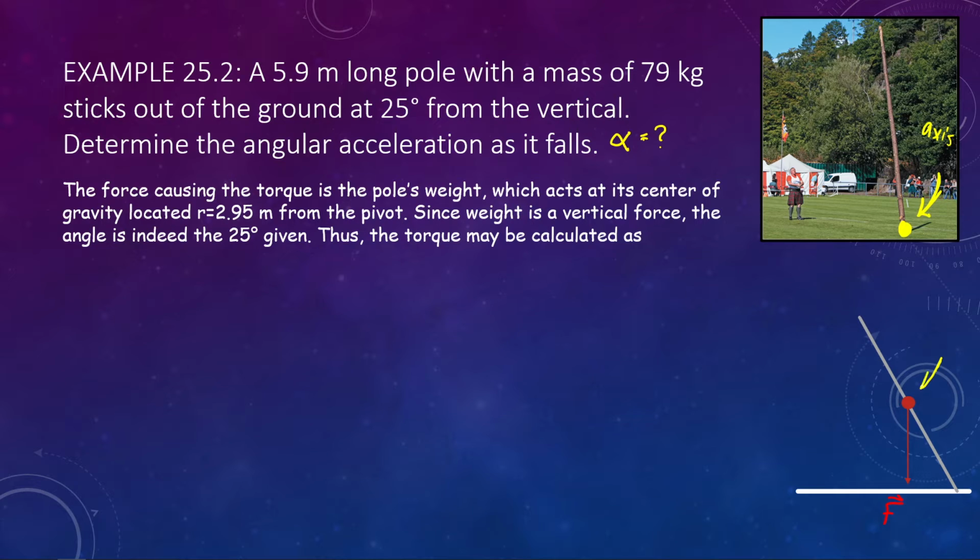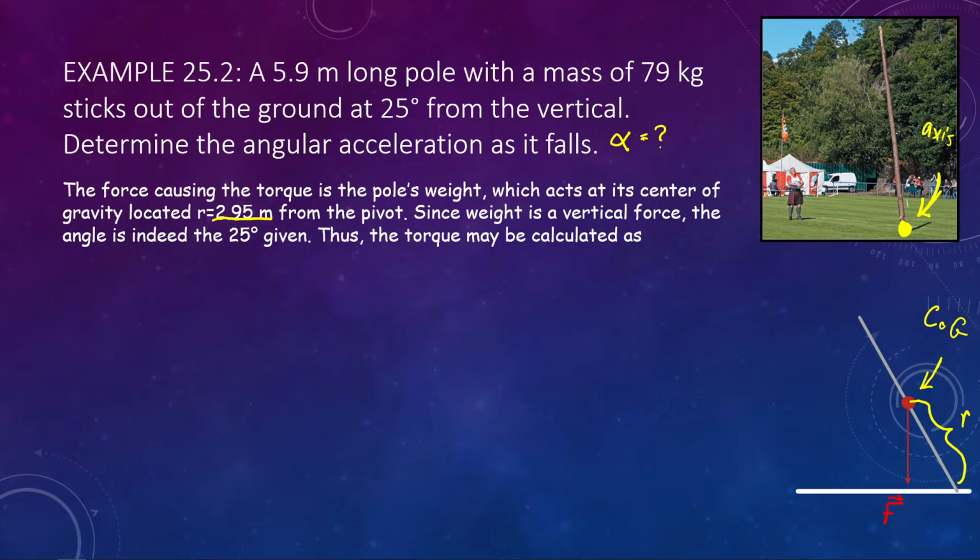This is our center of gravity, COG we'll call it. So the force should be acting at the center of gravity, right in the middle. Which means if we want to know how far away this is from the axis of rotation, that's just half of the length. So R is half the length, which is 2.95 meters.